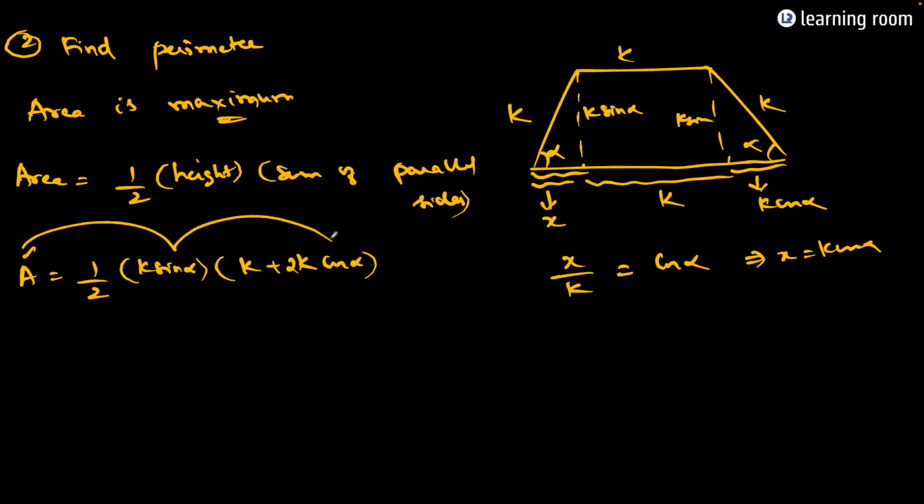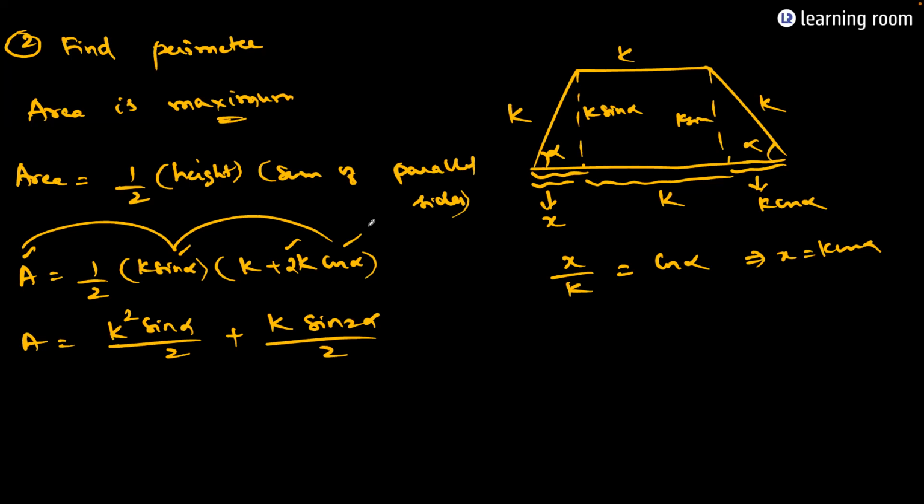Area is a function of alpha. Can I say that or not? So first listen, A is equal to k square sin alpha by 2 plus k sin 2 alpha by 2.